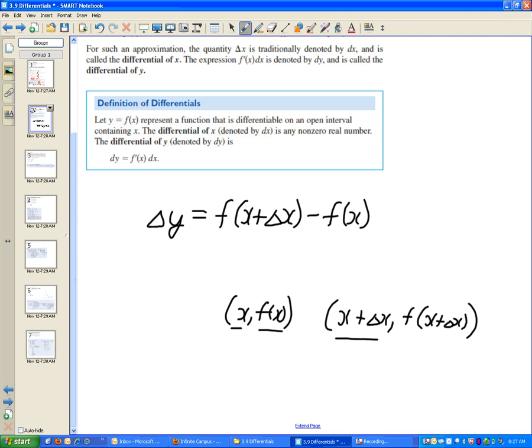Okay? Now, that is x1, y1. That is x2, y2. So, does this sort of make sense now? That's really just y2 minus y1. Wouldn't that give you the change in y? One of the y coordinates minus the other one?